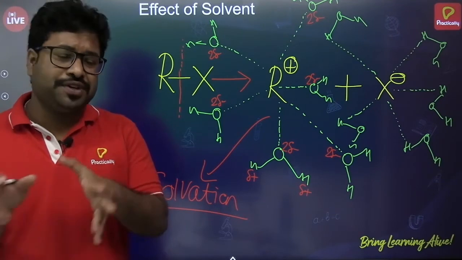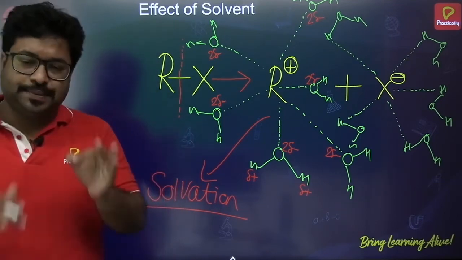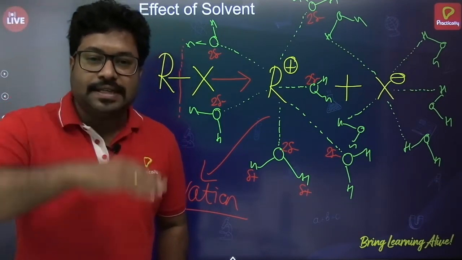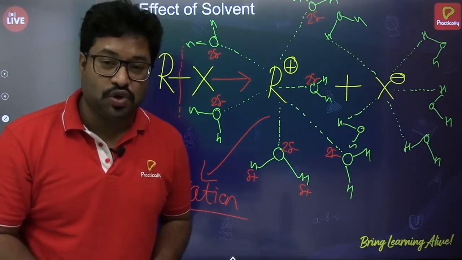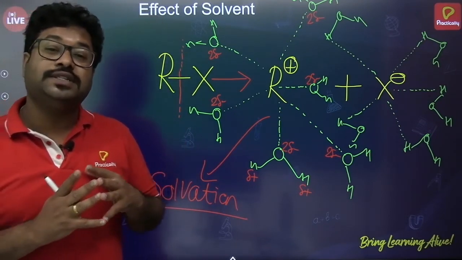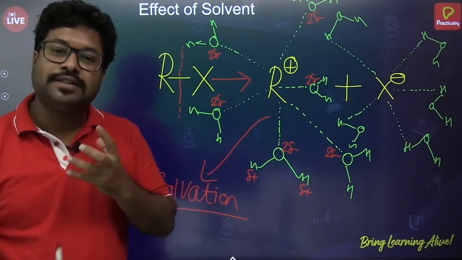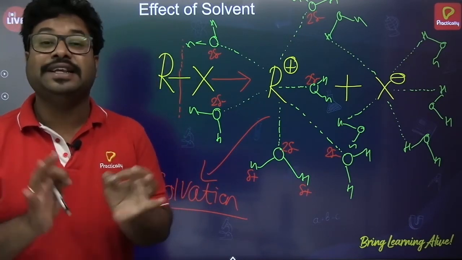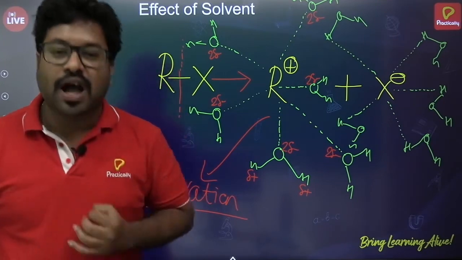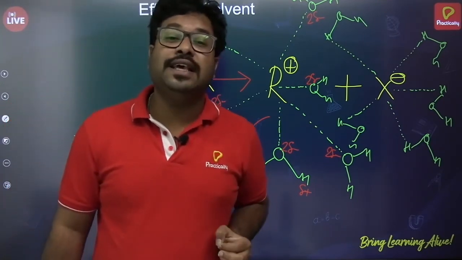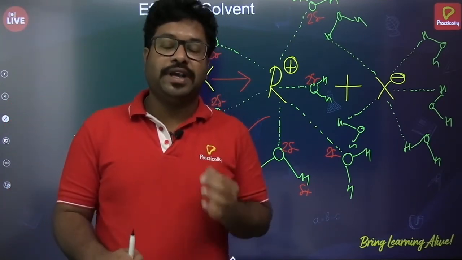Charge could be positive, negative, or a free radical, whatever it is. So if the density of the charge is getting decreased, then you are going towards a neutral thing, and the system becomes more stable. It is that simple. So that is why solvation always increases the rate of reaction of SN1.